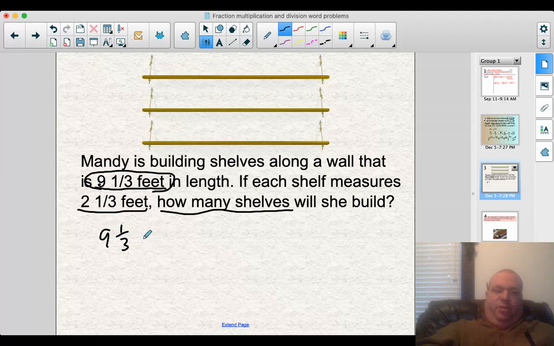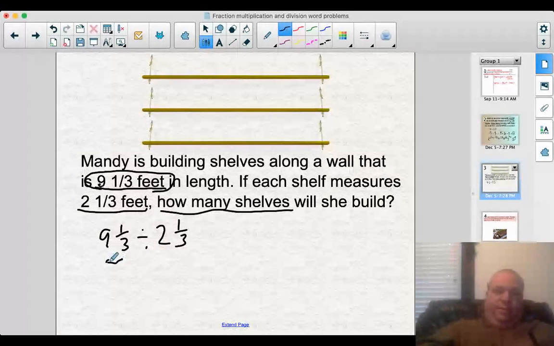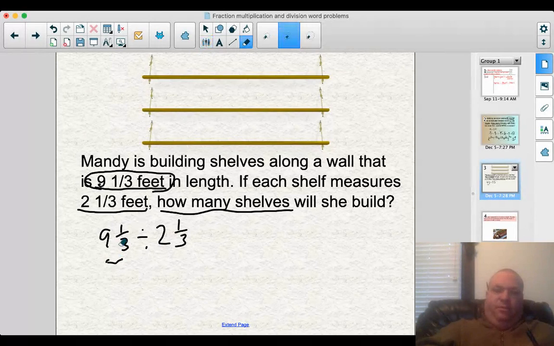If I take the total, 9 1/3, divide it by 2 1/3. So how many times this can go into this is how many shelves I can build in this distance. If I'm going to divide these, first thing I got to do is change them to improper fractions.